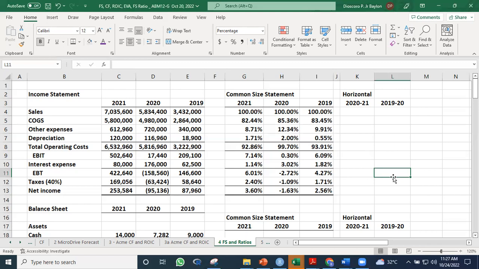No? Okay? Tapos, so in 2021, sa bawat piso ng sales, around 92 centavos or 92.8 centavos or around 93 centavos ang napupunta sa operating cost. Around 7 centavos na lang ang operating profit natin.